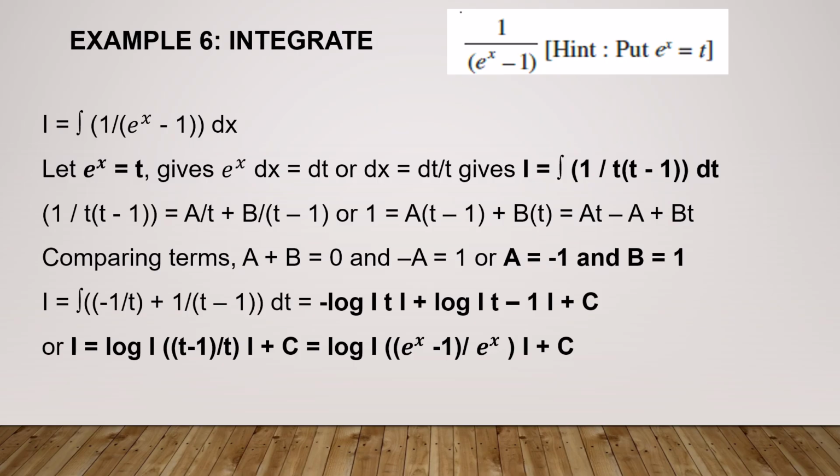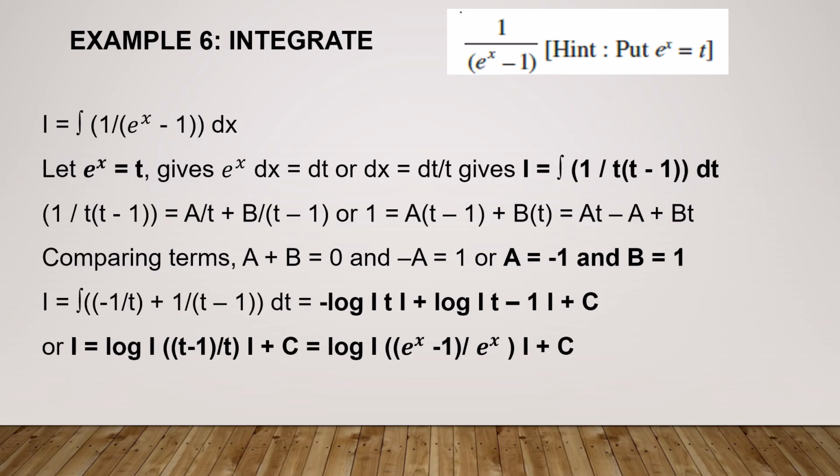Now this can be solved using the partial fraction method. So this is equal to a upon t plus b upon t minus 1. So your equation is 1 is equal to a into t minus 1 plus b into t. Find the values of a and b. You get a as minus 1, b as 1. So put back the values. It is integral of minus 1 upon t plus 1 upon t minus 1.